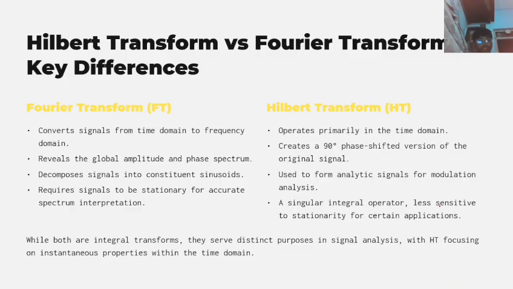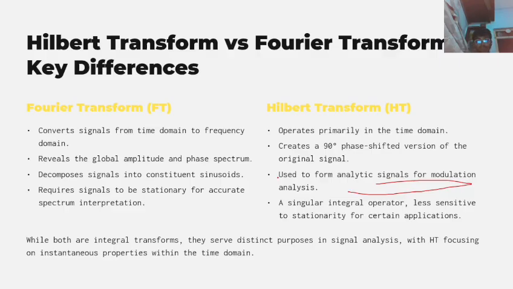Decomposing a signal into constituent sinusoids is done in the Fourier series. The Hilbert transform is used to form an analytic signal for modulation analysis. See, analytic signals are mostly used for modulation, which means transformation of a signal. While both are integral transforms, where we apply integration for both the Fourier transform and the Hilbert transform, they have distinct purposes.